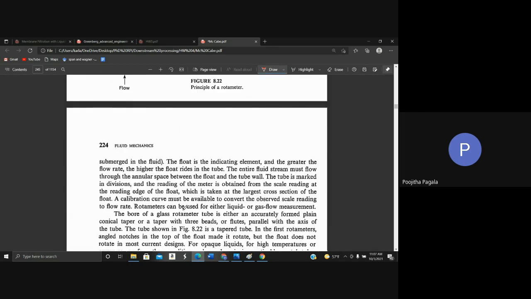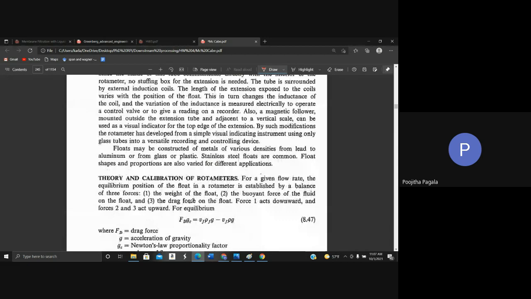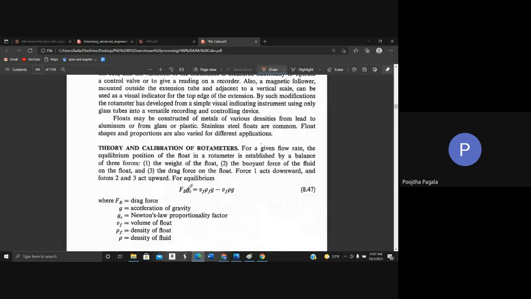So let us write the force balance. Ignore this GC term. So FD, drag force, is equal to VF into rho F into g. So VF into rho F is nothing but M, mass of float. So ఇది mg minus VF into rho into g. Rho అనేది density of fluid.